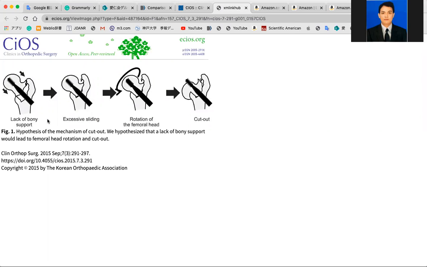The first step is the reduction of the femoral head and fixation. But for example, in an impacted type fracture, even after the reduction, there is a big bony defect between the proximal and distal fragment.